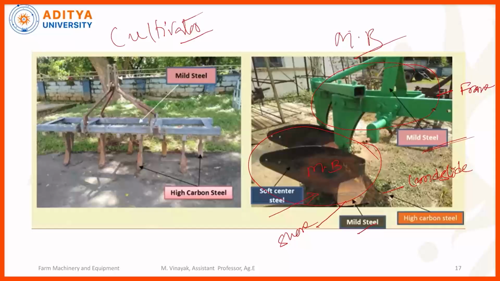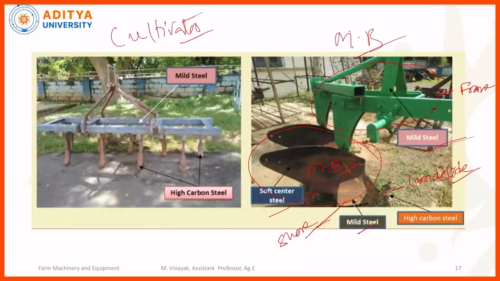That's why most soil interacting tools are made of steel only, like high carbon steel, mild steel and soft center steel. Here the moldboard, the share and the landslide all interact with the soil, so these components are made of steel only.